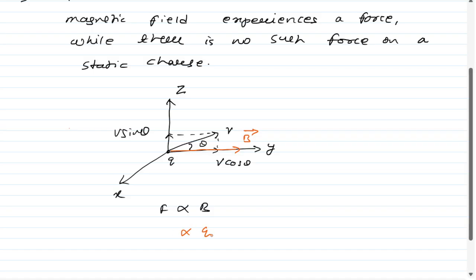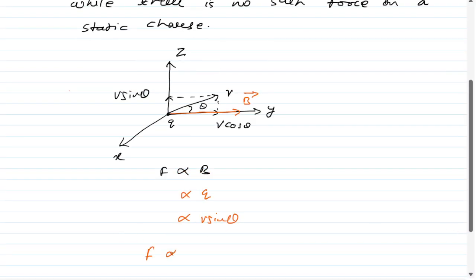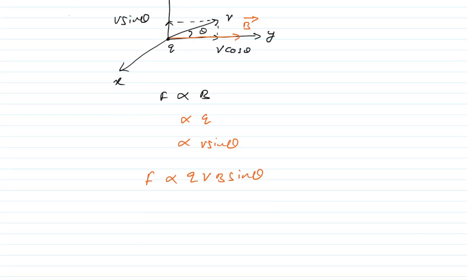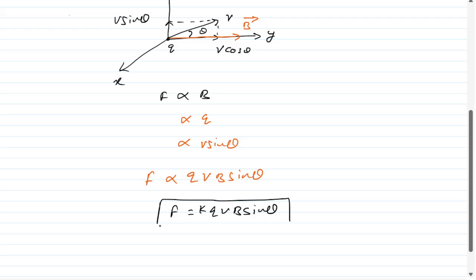It will also be proportional to the amount of charge, and to B sin theta. So if we combine all together, force is proportional to q v B sin theta. If we remove the proportionality sign, it becomes q v B sin theta with some constant k, and let us assume that k is equal to 1.